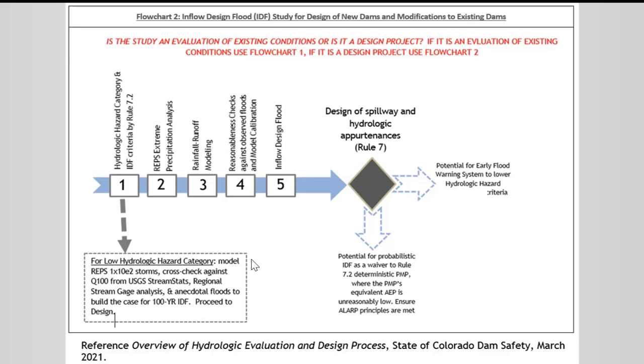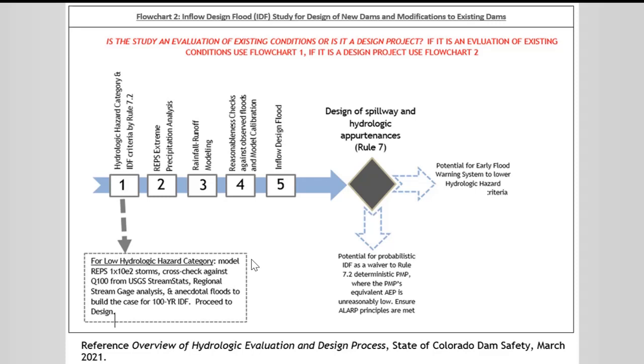So the simplification here could be just using the IDF criteria of the 100-year storm, 100-year flood. So we could just go straight to using StreamStats, or if we have a stream gauge, a flood frequency estimate to get a 100-year flood. And if you want to just design the spillway to pass a peak flow, then that may be it.